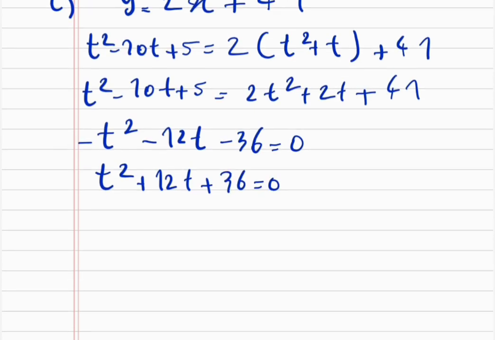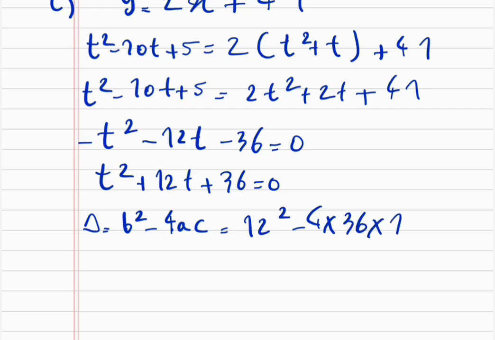And then at this point, we can find the value of the discriminant. So the discriminant, which we can show with delta, but that's not important if you don't want to, is equal to b squared minus 4ac, which means we have 12 squared minus 4 times 36 times 1, which is 144 minus 144 again, because 4 times 36 is 144, and we get 0.